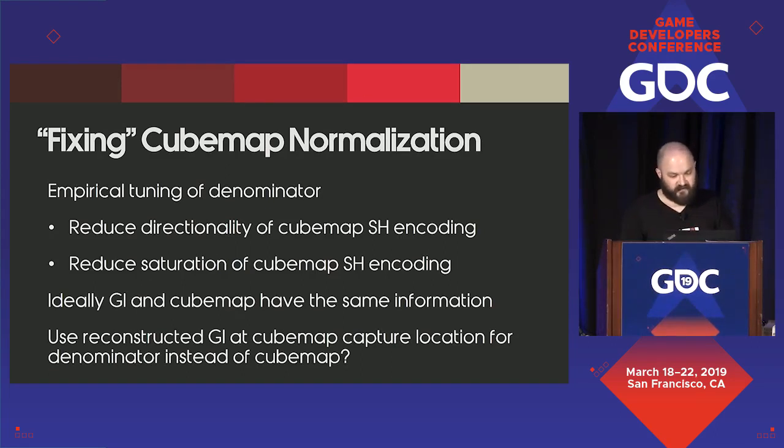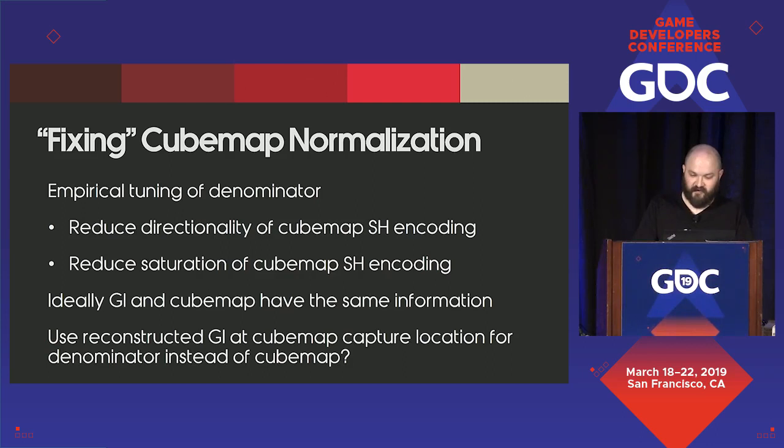So our fix for that is just some empirical tuning of that denominator SH so that it avoids hitting zero, which is energy conserving. It effectively is like blurring that denominator a bit, shifting more of the signal to the constant term.